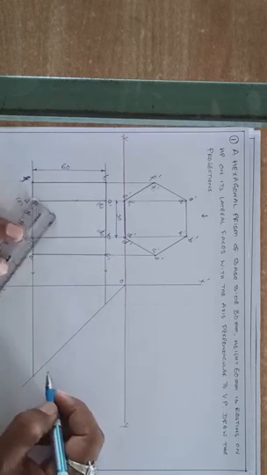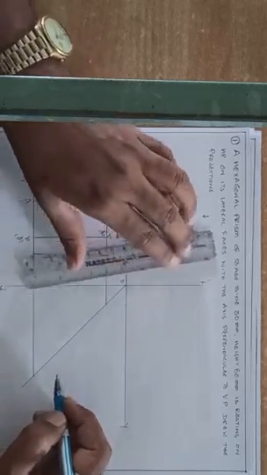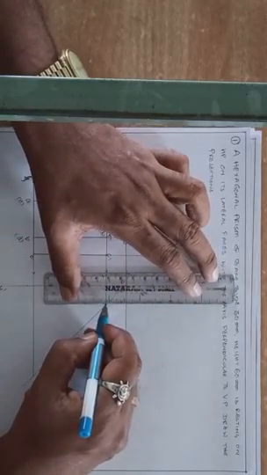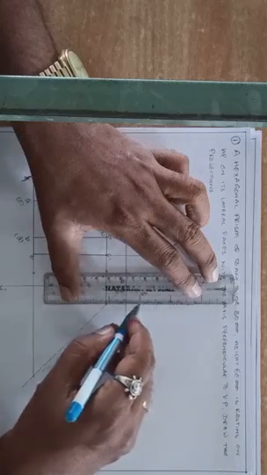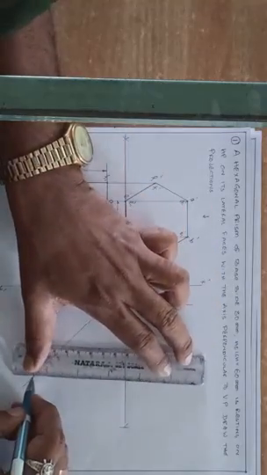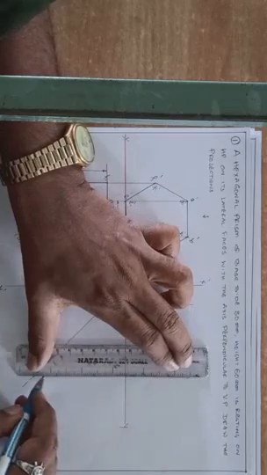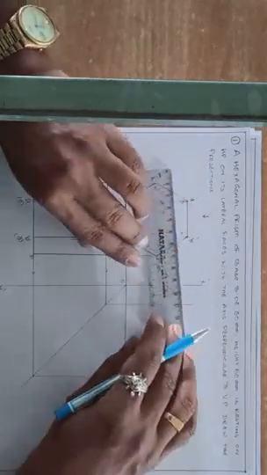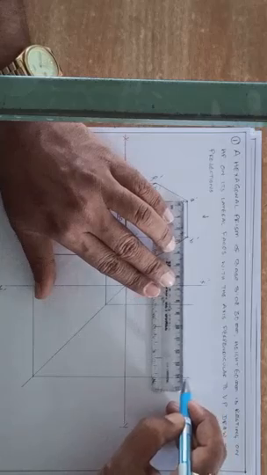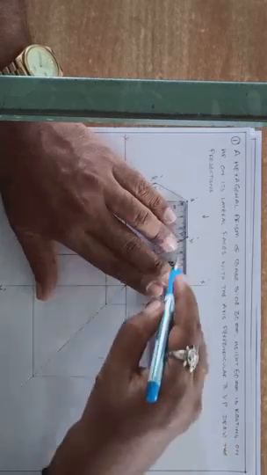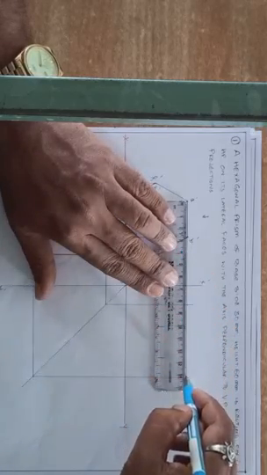Thin line, thin projector. Again, vertical projectors. Vertical projector, right. Then horizontal projectors from the front view, thin projectors.